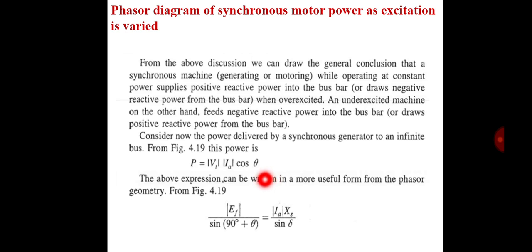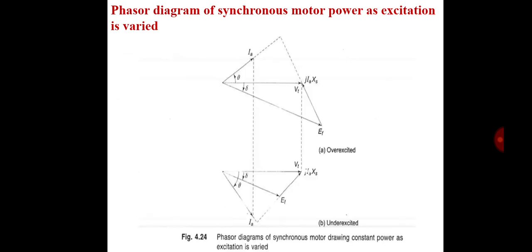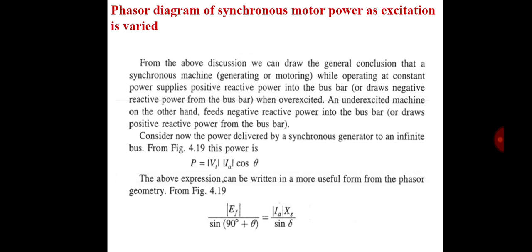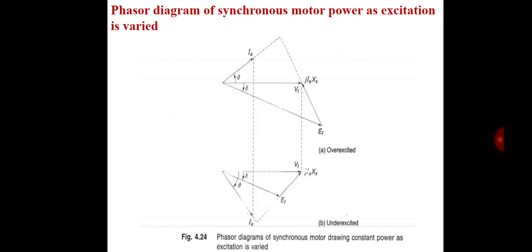From the phasor diagram, Ef divided by sin 90 plus theta is equal to Ia into Xs divided by sin delta.